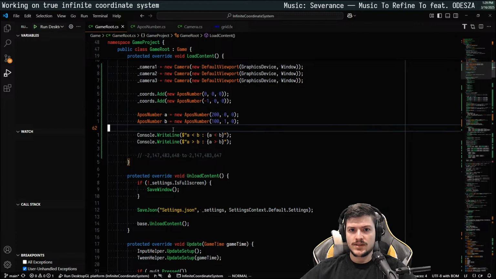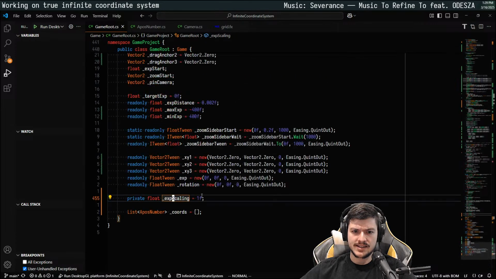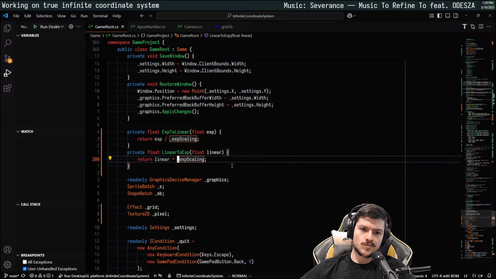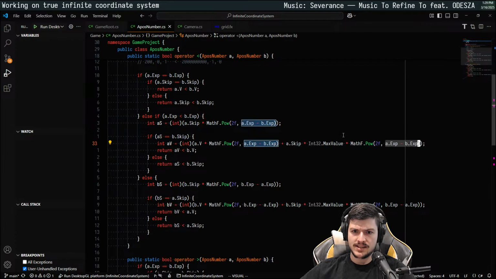And then the next part would be to have, how do I start having this exponent scaling? So in other words, the exponent times something. Would this be in this?